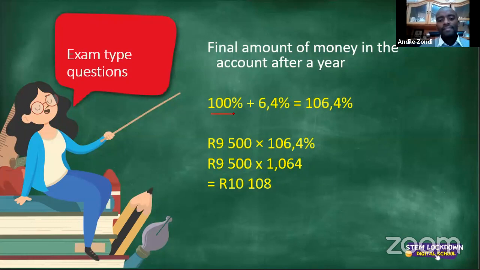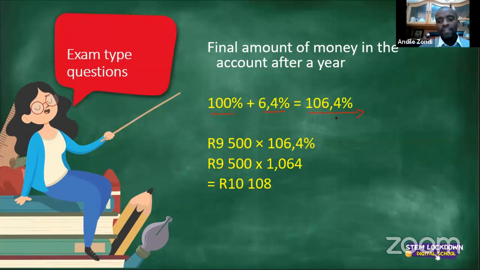So 100 is the original amount plus 6.4%, which represents the amount of interest that he will earn. Remember, this is interest rate.